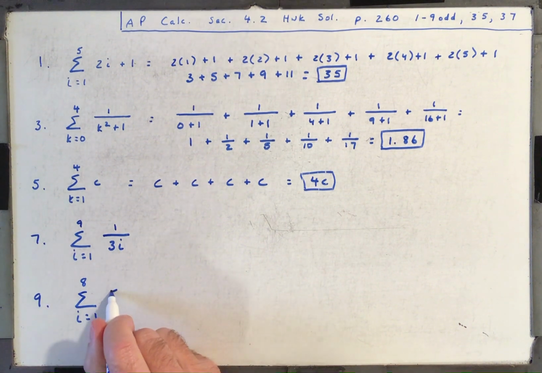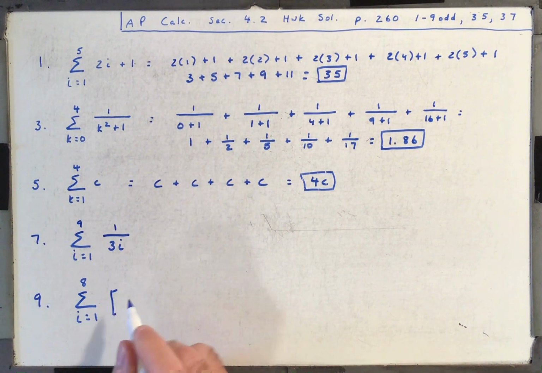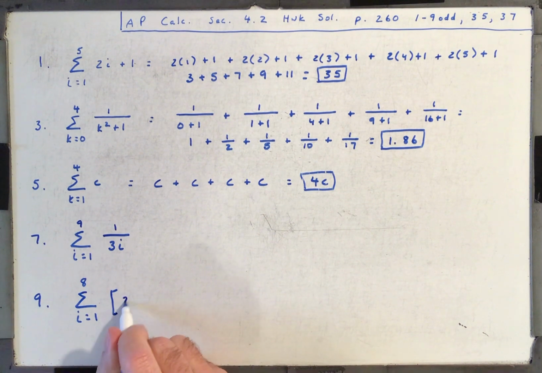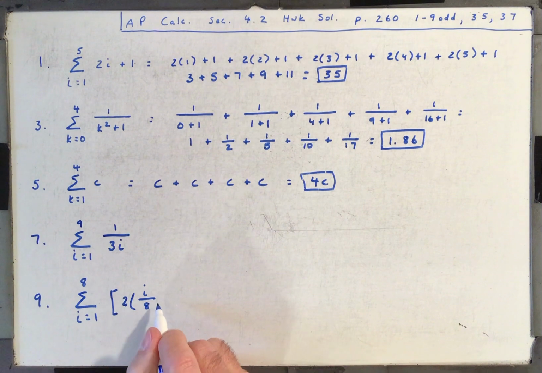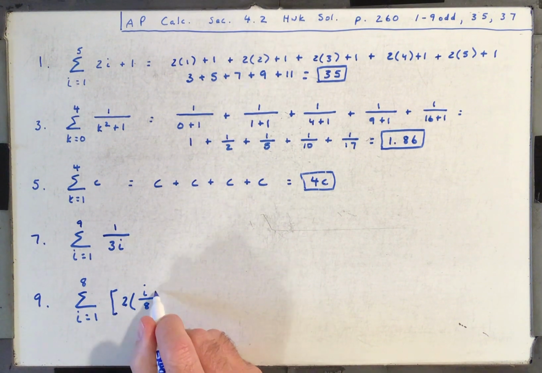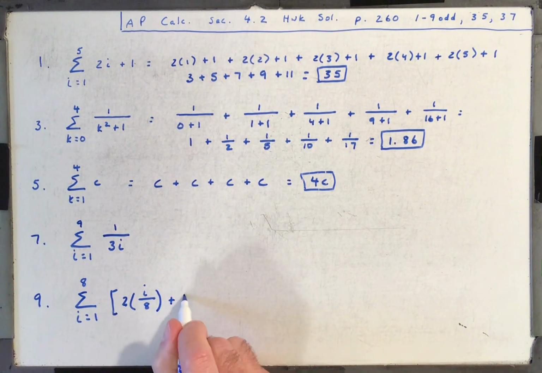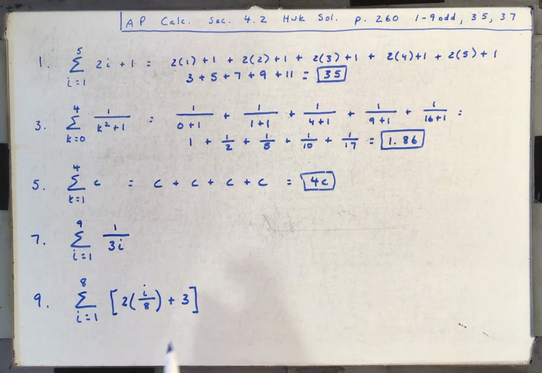So bracket 2 times i over 8 plus 3. And then you can check it just by going through it and seeing does it match what the book has on number 9. And that does. All right, that does it for the summation problems.